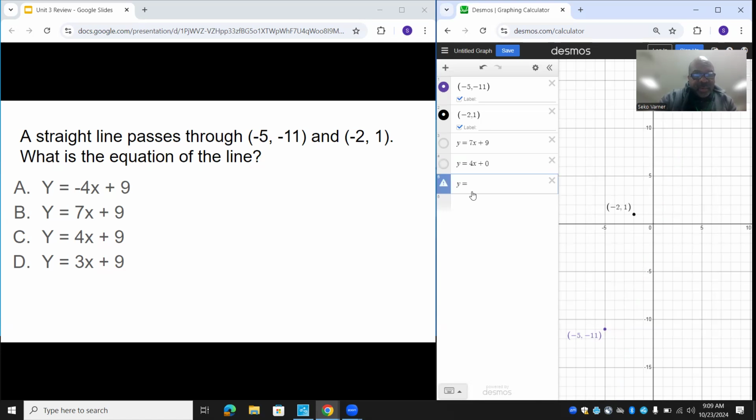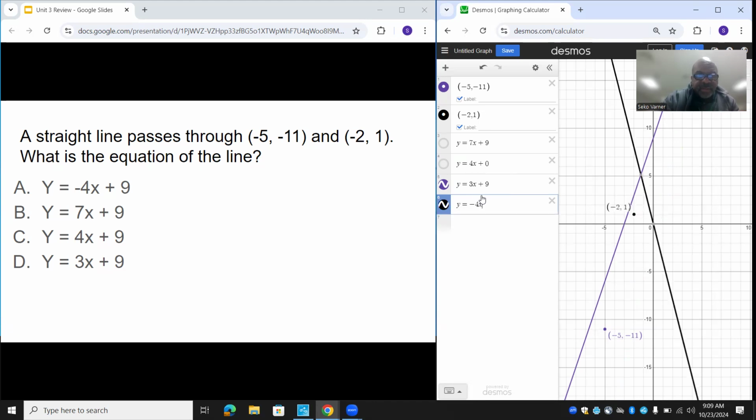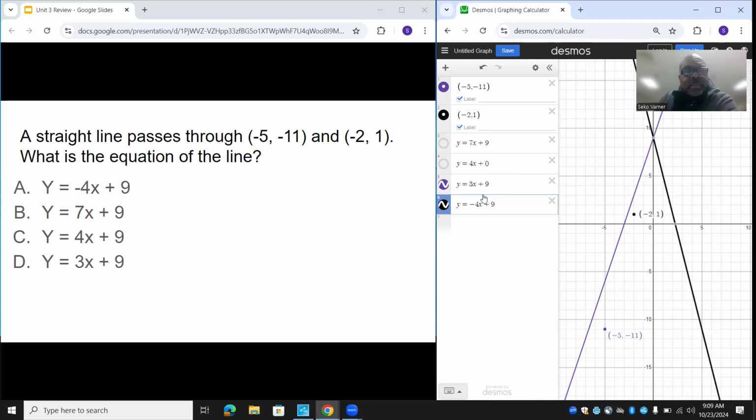y equals 3x plus 9. All right, and our very first one was y equals negative 4x plus 9.